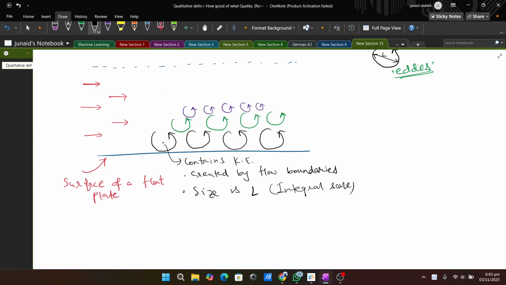At first, the largest eddies, this region, we can say is the larger eddy region. We have the larger eddies, and after that we have intermediate eddies, and after that we have the small eddies.